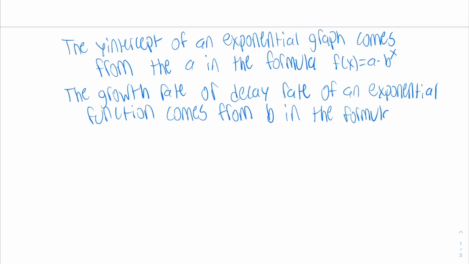The growth or the decay rate of an exponential function comes from b in the formula. So what is being raised to the exponent is going to tell you how fast it's growing or how fast it's decaying.